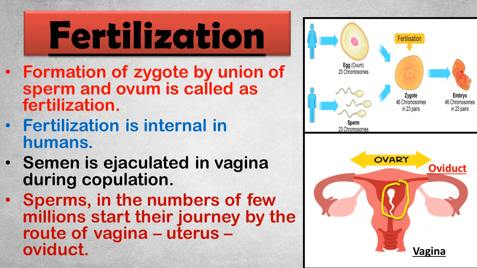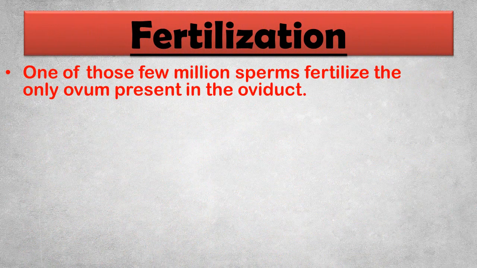So sperm will enter into the vagina, then pass from the uterus to the oviduct, and finally to the ovary, where we have the oocytes or ovum. So this is the path by which sperm transfer from the vagina to the oviduct.